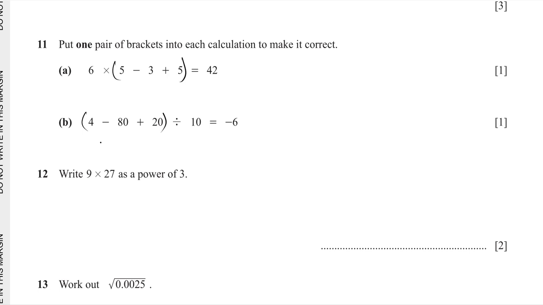Nope. I guess this is going to be correct. So 4 minus 100 divided by 10, that's going to be 100 divided by 10 equals 10. 4 minus 10 equals 6, negative 6. Yes, so we put a bracket, one here and one here. That's going to be our correct answer.